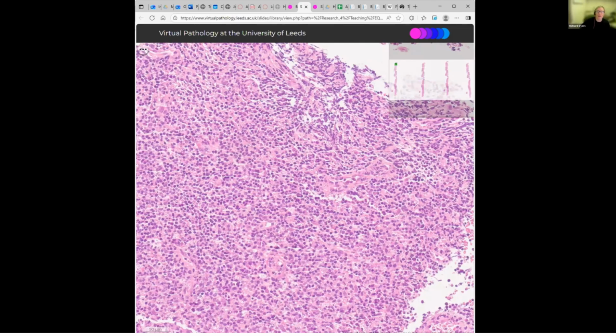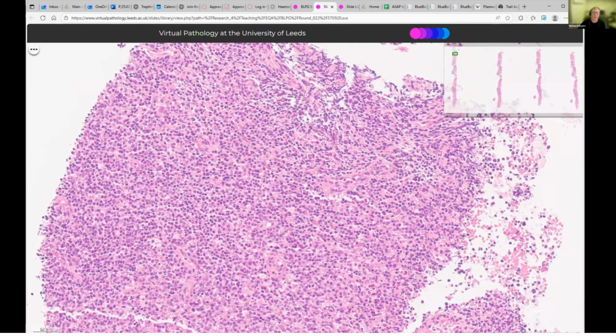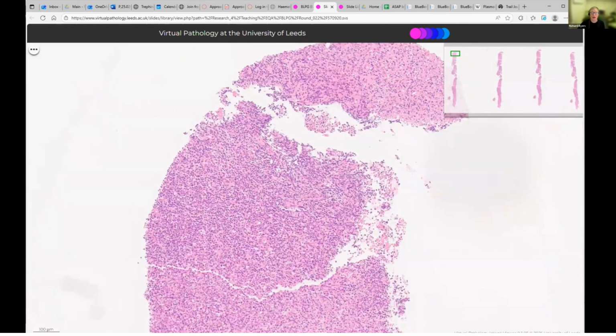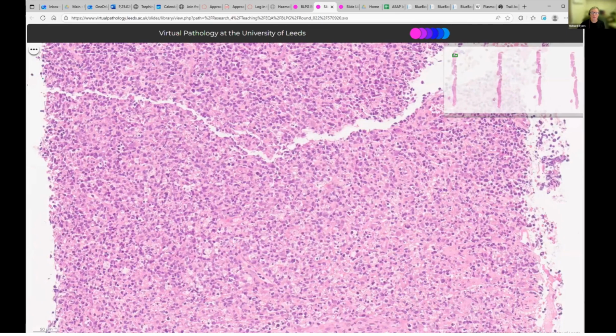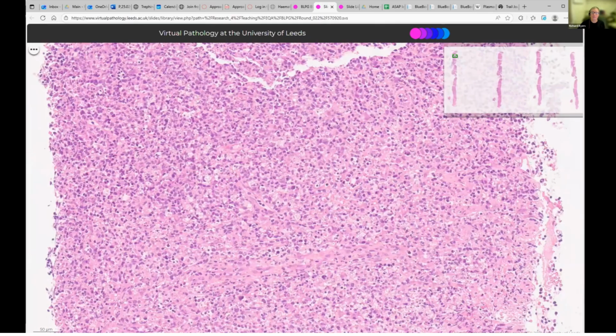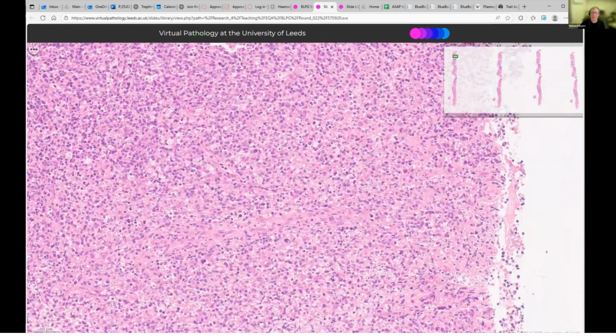Okay, right, great. So what we've got here, we've got lots of lymphoid cells, no particular architecture. Looking down, we've got this area here with some nuclear dust and debris.